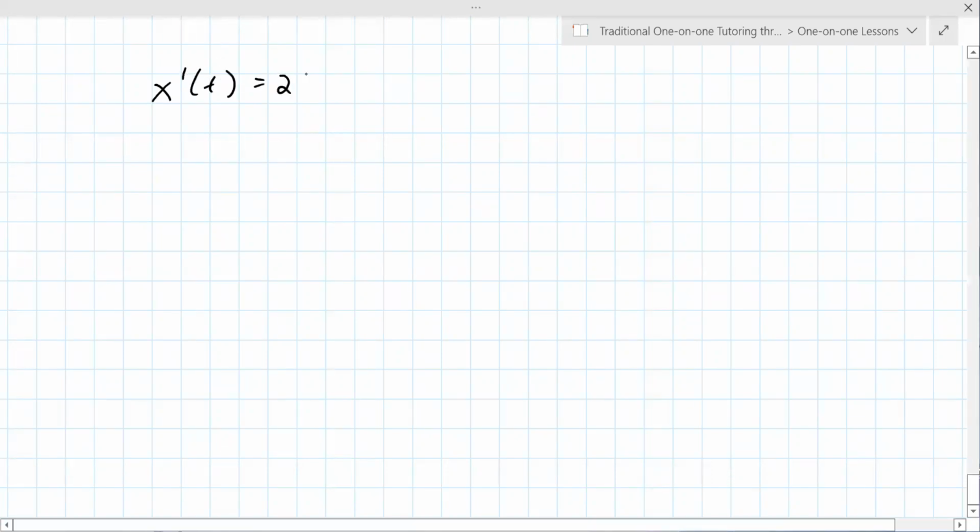All right, so you have a good starting point here. x prime of t is 2t, and if we set it equal to 0, we find that t equals 0 is our critical point, and it's increasing over here and decreasing over here. Right.